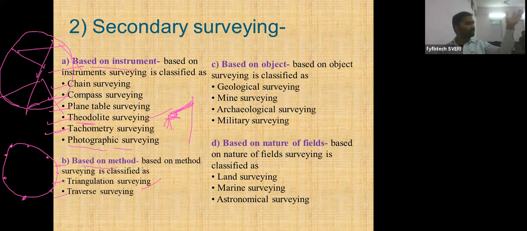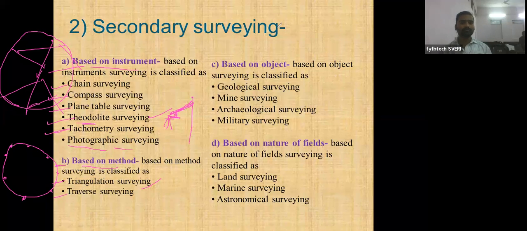Are you getting the difference between traversing and triangulation? In triangulation, what is done? The entire area is divided into smaller triangles. In traversing, what are you doing? We start from one point, go along the outer boundary, and come back to the same point. That is called traversing.